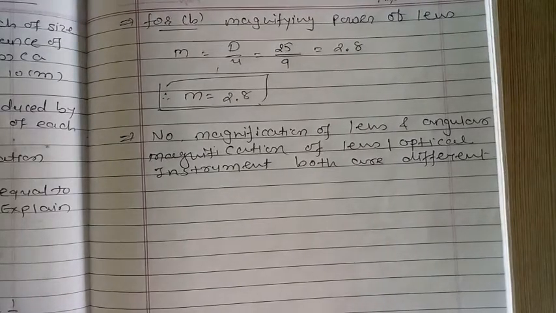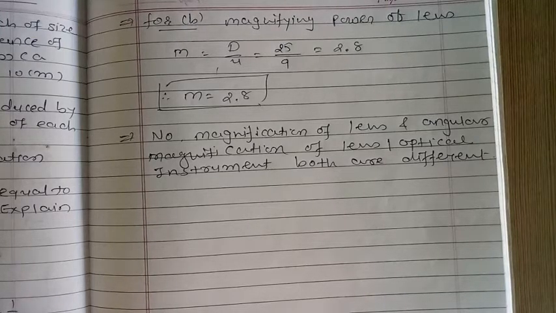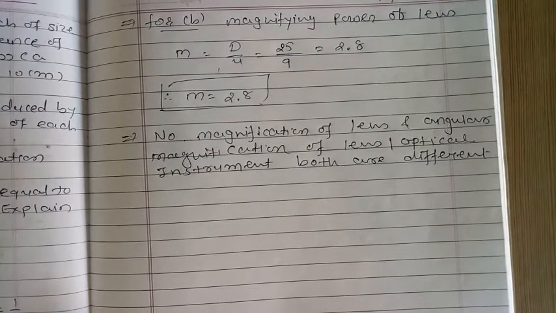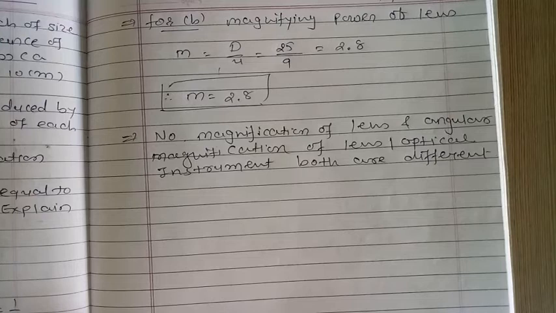Now we know that the value of magnification is equal to V by U, and angular magnification is D by U, so the answer is the same only when the image is obtained at the near point, then V is equal to 25, right?